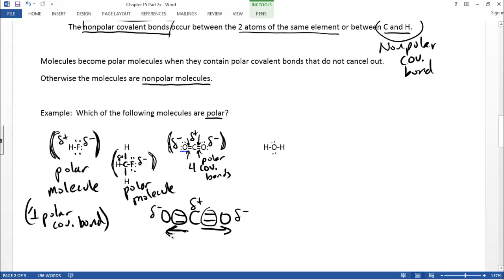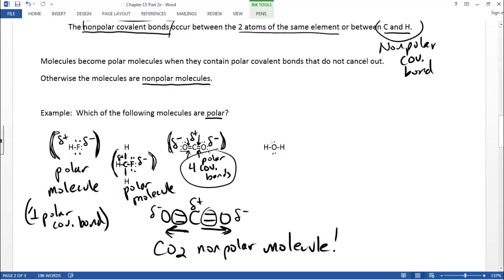The bond polarities, the arrows, are equal and opposite in direction. They're canceling out. Carbon dioxide then becomes a nonpolar molecule, but it has four polar covalent bonds. It's a nonpolar molecule because those covalent bonds are canceling out.